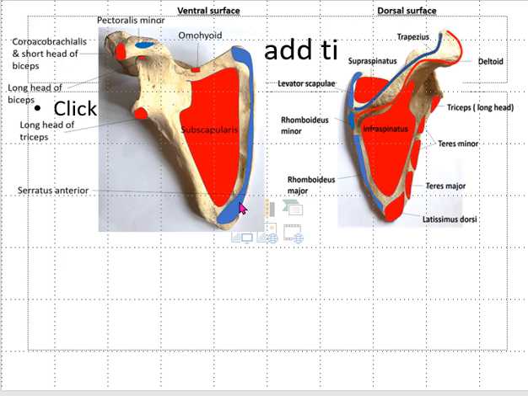Medial border, dorsal surface, from above downward provides attachment of three muscles: up to this, levator scapulae, then rhomboideus minor and rhomboideus major. Now the attachment of the lateral border.